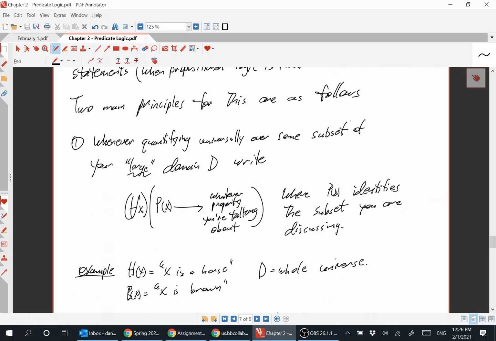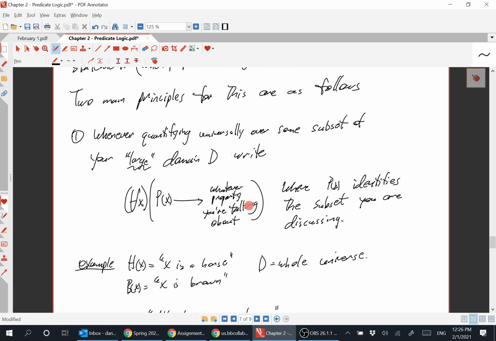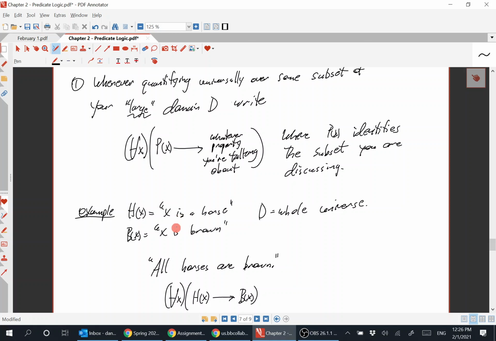There are two main principles for doing these translations. The first principle is: whenever universally quantifying over some subset of your large domain, you write as follows: for all x, P(x) implies, where P(x) identifies the subset you're discussing, in order to exclude the rest of D. Here we have H(x).